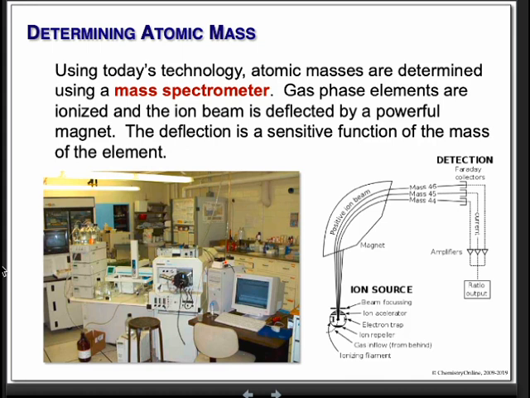You then accelerate this ion through a little array, a negative array, up to the magnet. Now, the magnet will bend the beam, because that's the way magnetic fields do. But the amount that is bent depends on how heavy it is. So when it comes out the other side, you can scan and you can see the different masses.